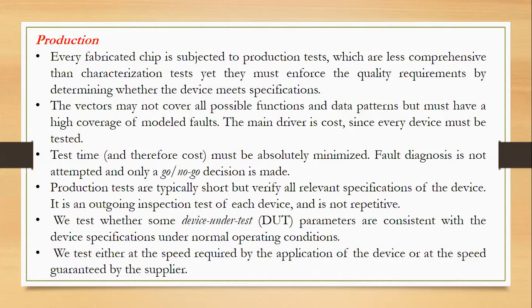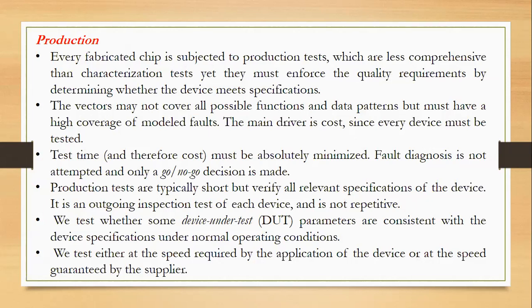Parameters are checked against the device specifications under normal operating conditions. So here we have a DUT, which stands for device under test. The device under test is part of the automatic test equipment, ATE. ATE generally takes a high frequency of device operating level and drives a test operation.